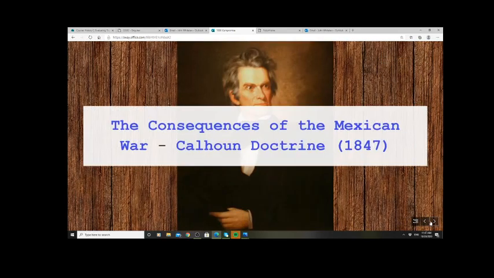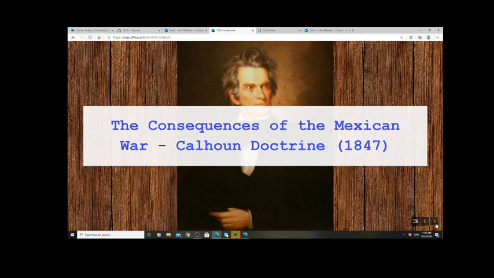The response to the Wilmot Proviso comes from the South, and the individual who's responsible for the response to what Wilmot was suggesting is John C. Calhoun, and he makes clear his view, which represents the South, in what has come to be known as the Calhoun Doctrine of 1847, sometimes also referred to as a kind of address to the Southerners, or the Southern Platform.